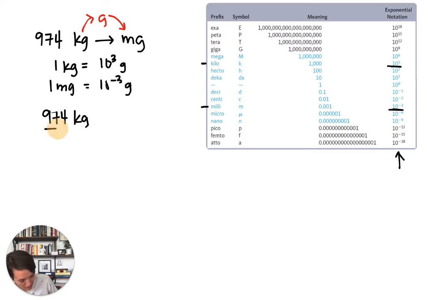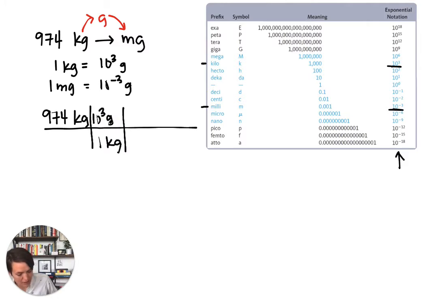Okay, so I want to get rid of my kilograms and go to grams. So when I use my conversion factor, I'm going to put kilograms in the base, going to 10 to the third grams. Now I've successfully made it to grams. Now I want to convert from grams to milligrams. So this is going to be 10 to the negative third grams going to 1 milligram.